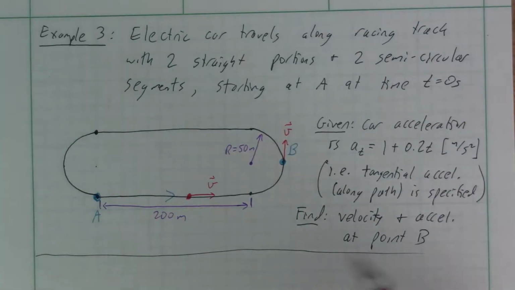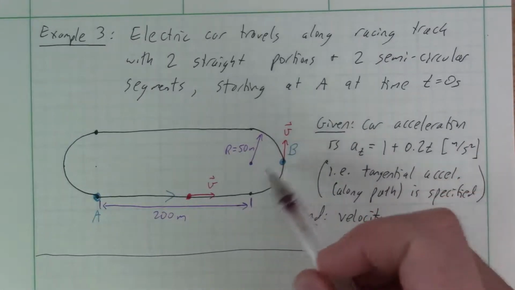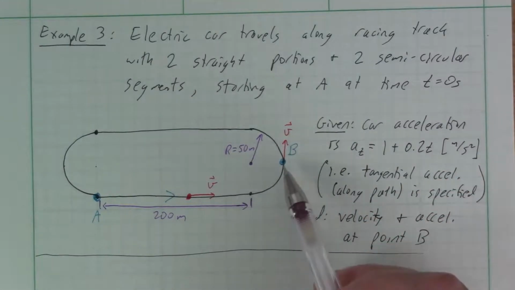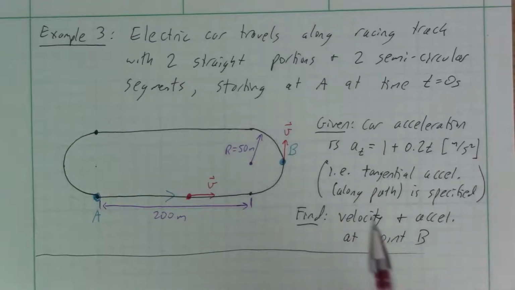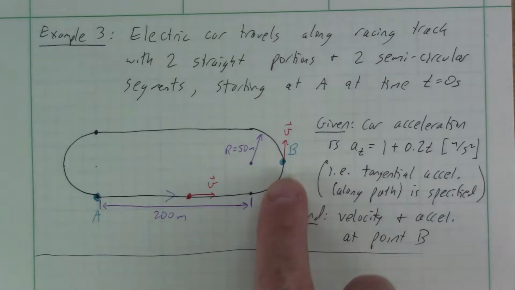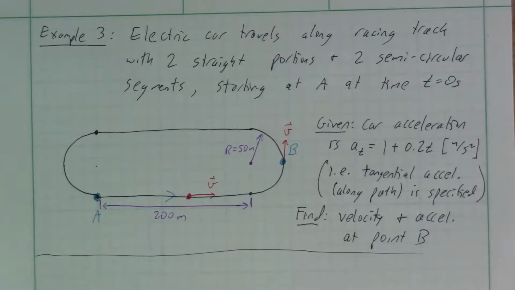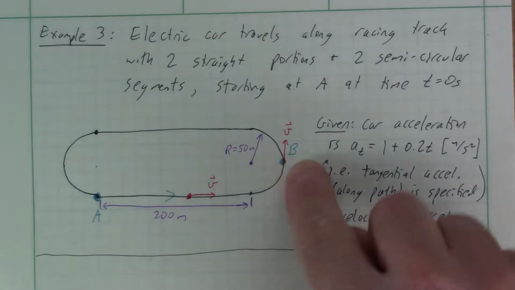But the acceleration along here is not just the tangential component alone. And so that's going to be part of determining the acceleration at B. We're going to need to know the normal component of acceleration, which is not 0, as we can see.